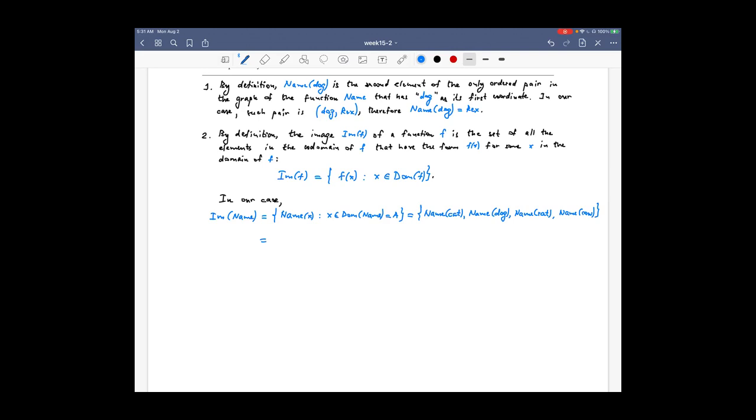Which simply is Skip, Rex, Mikey, and Spike.